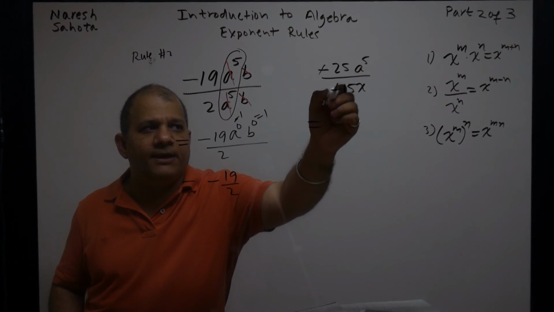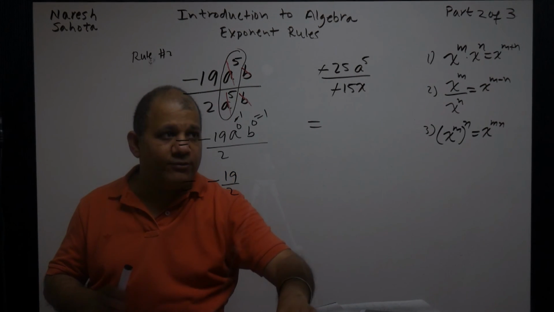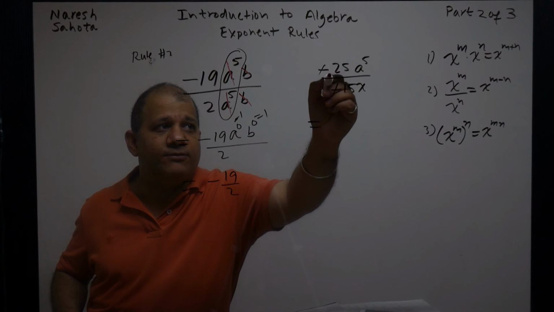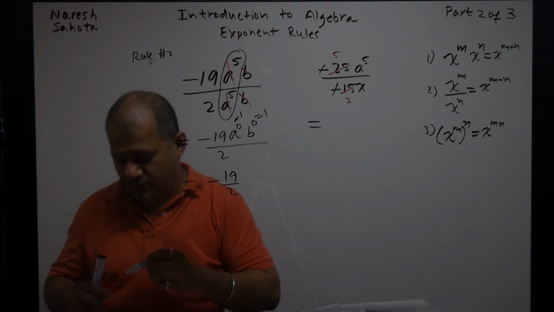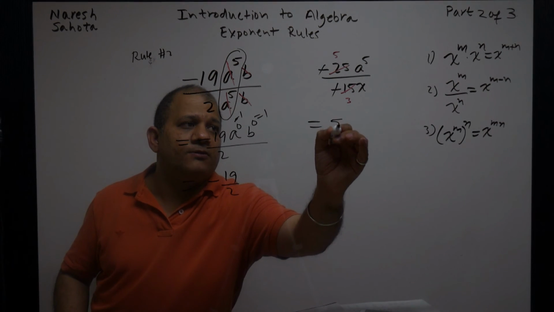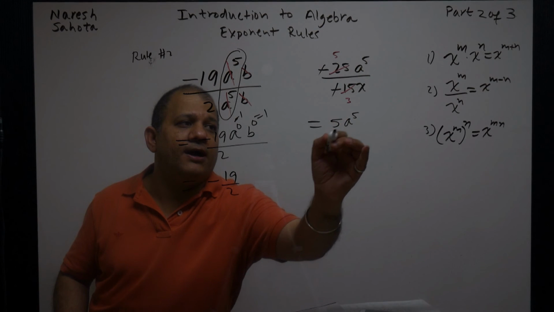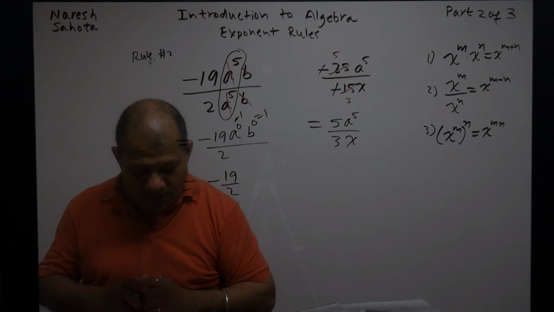So negative divided by negative, the answer is going to be positive. We can divide, 5 goes into both of these, right? So 5 goes into 25 5 times, and 5 goes into 15 3 times. So the answer is going to be 5a to the 5 over 3x. So that's the final answer there.